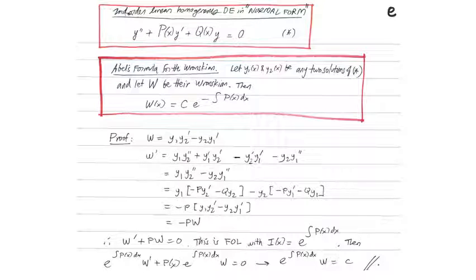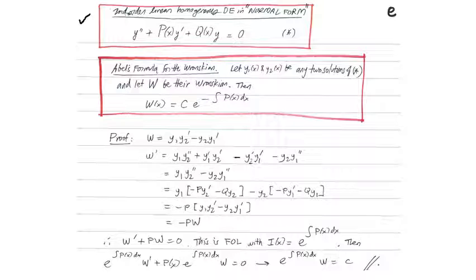In this video, we're going to look at an interesting and useful connection between the formula for the Wronskian and the coefficient functions in the differential equation. For this topic, it will be useful to have our differential equation in normal form.